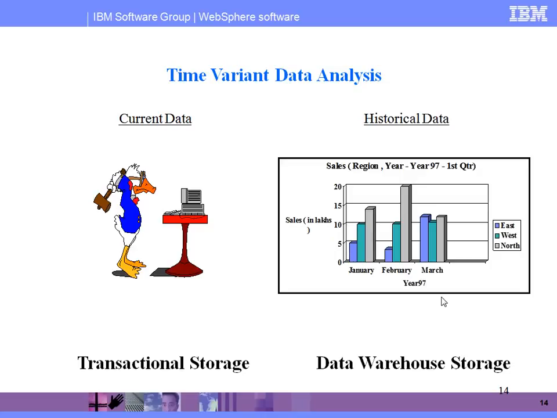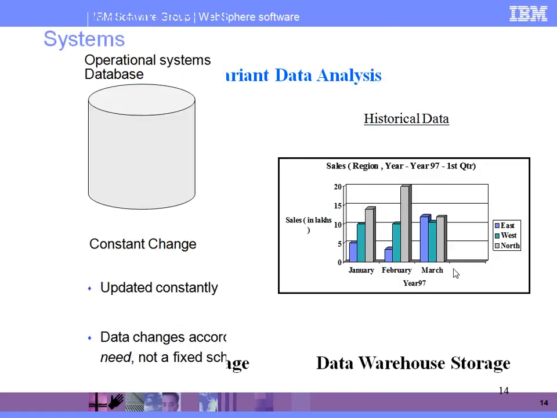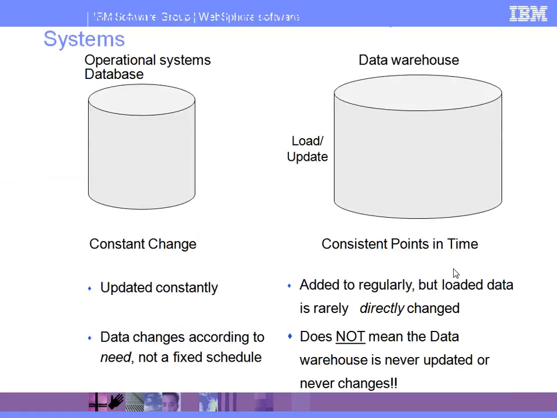If it supports these four characteristic features, we can call it a data warehouse according to W.H. Inmon. If the database does not support any one of these features, it is not a data warehouse, right?